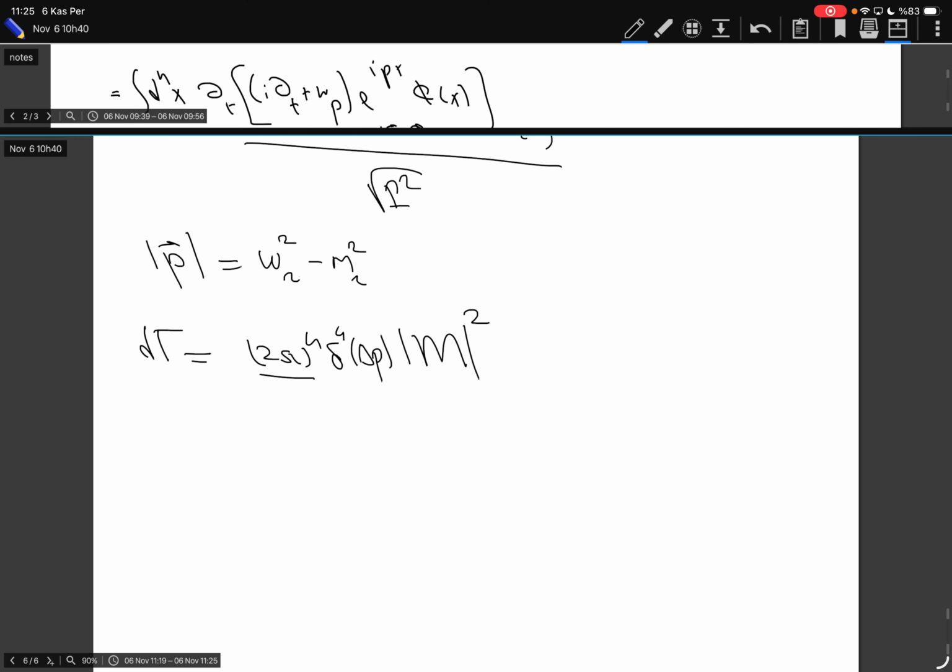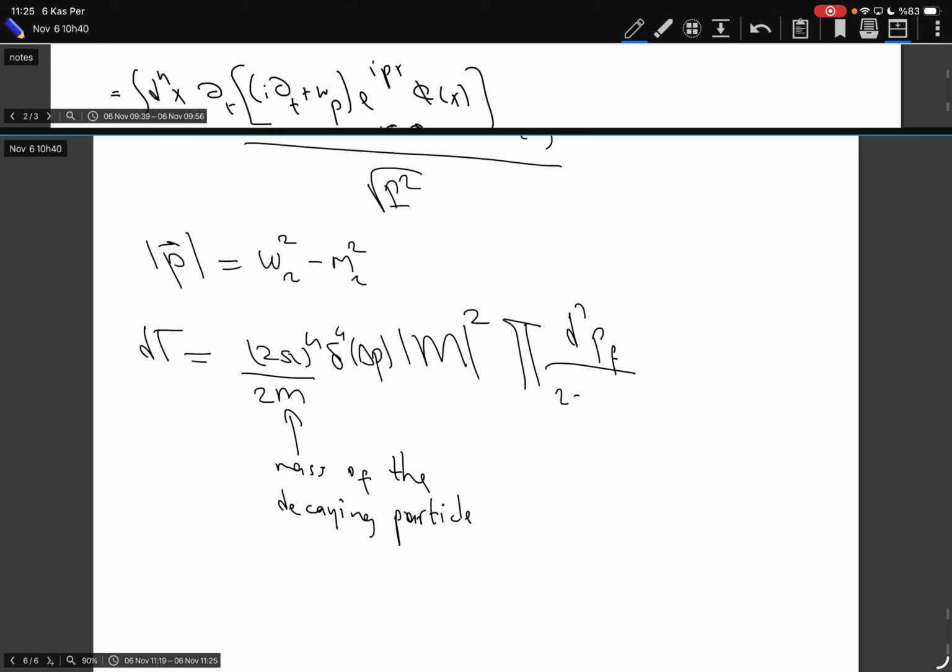Well, there's a 1 over 2m, where m is the mass of the decaying particle. And then the final products can move in various directions. We can just write d^3 p_f over (2 pi)^3 2 omega f.